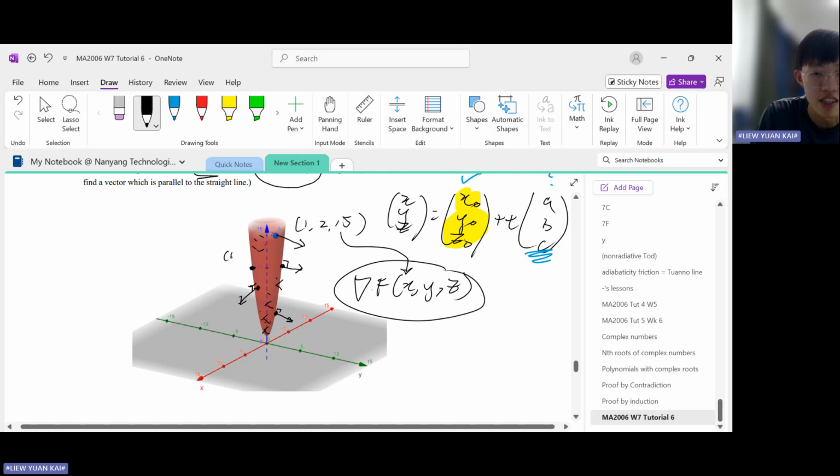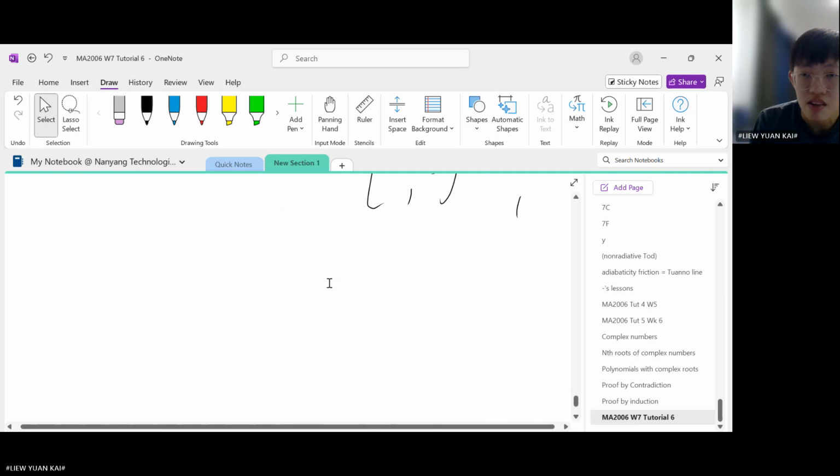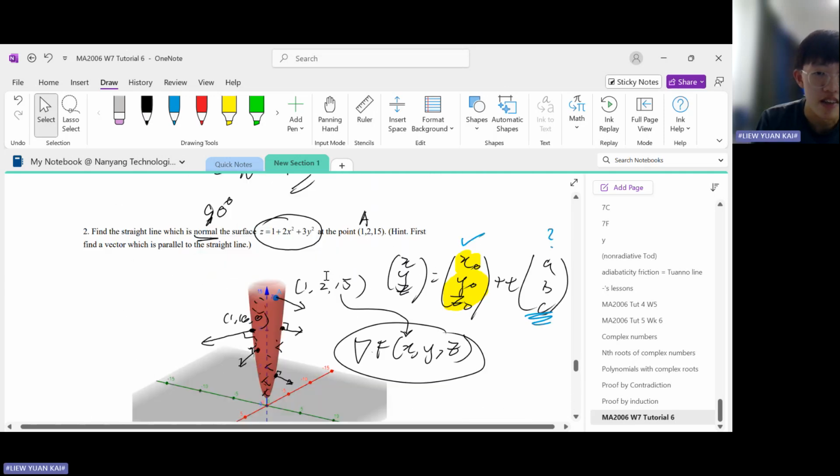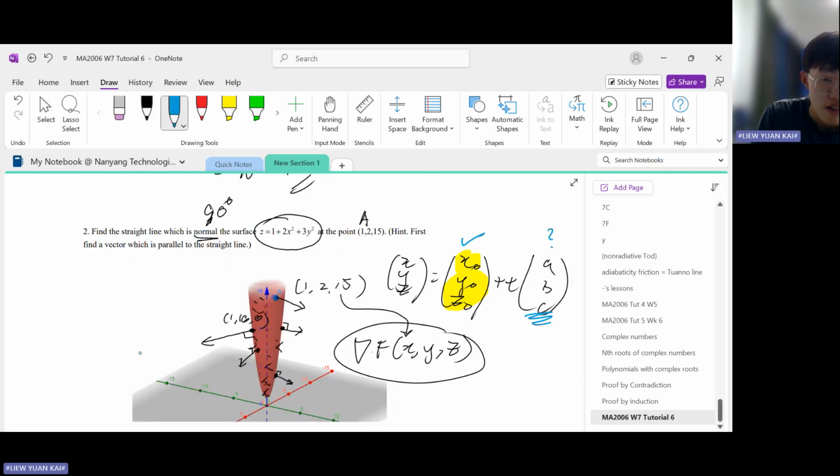Let's just say this is (1, 1, 0). At that point, this vector is 90 degrees to the surface. The vector we got just now was (-4, -6, 1). That vector is normal to the surface at the point (1, 1, 0). So this is what the nabla of f will calculate.